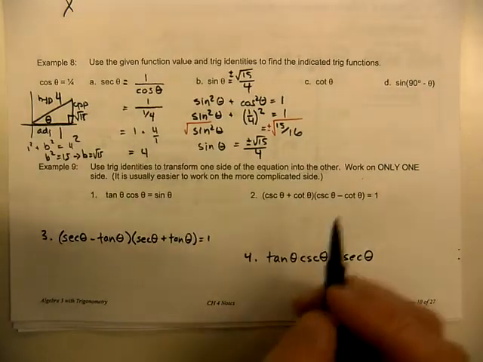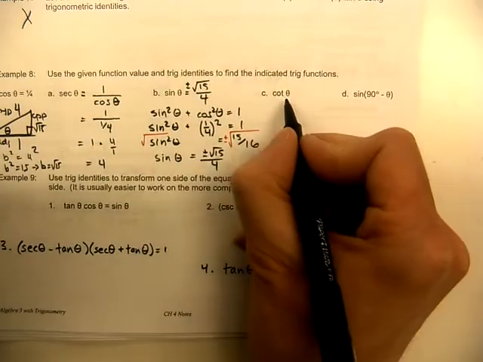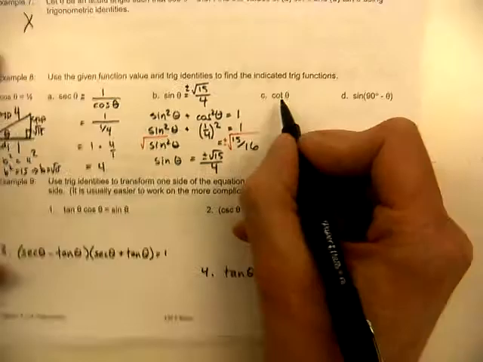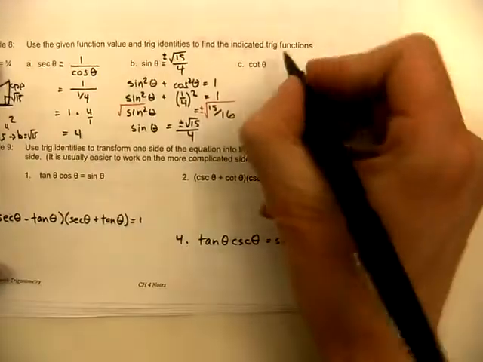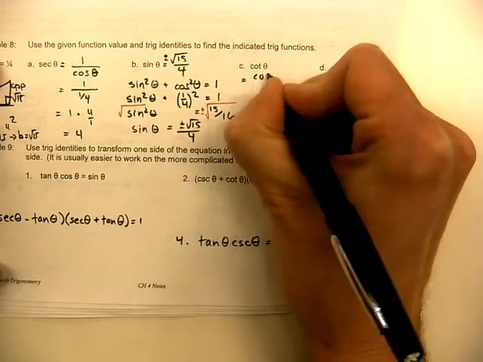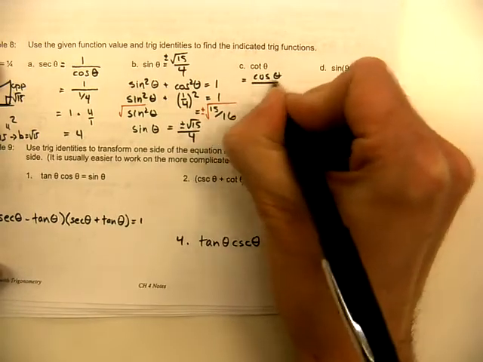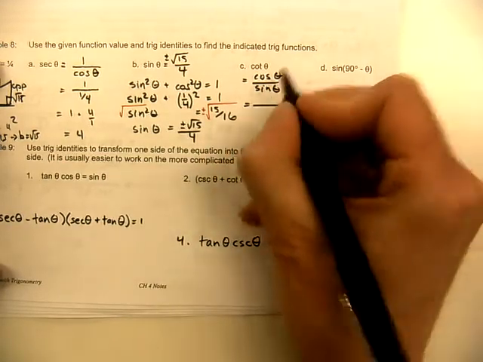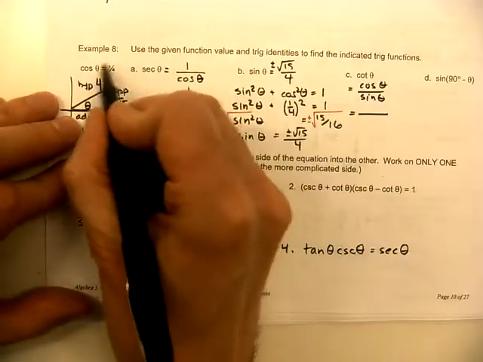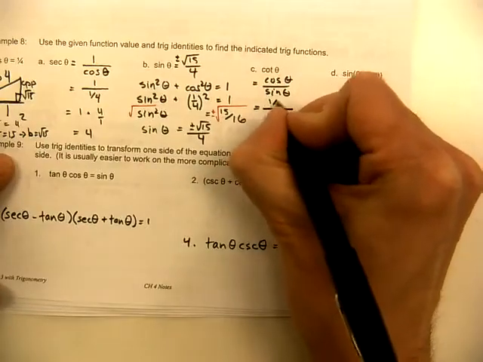All right, what about cotangent of theta? Let's try this one. So cotangent, we saw that is going to be cosine over sine. So let's do a substitution. So this is equal to cosine theta over sine theta. Now we're going to do another substitution, replacing the cosine theta with the given information of 1/4.